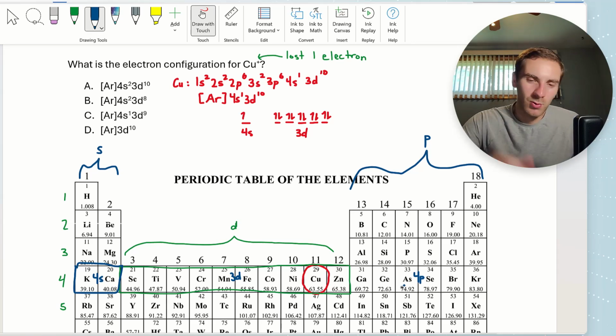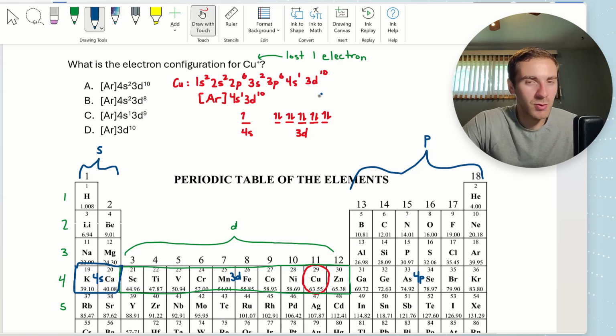So if you just go in order of the periodic table, you're naturally going from lowest energy to highest energy. So since 4s comes before 3d, 4s is lower in energy, and because it's lower in energy, it fills first. Now there was this exception with copper, but typically 4s fills before 3d.